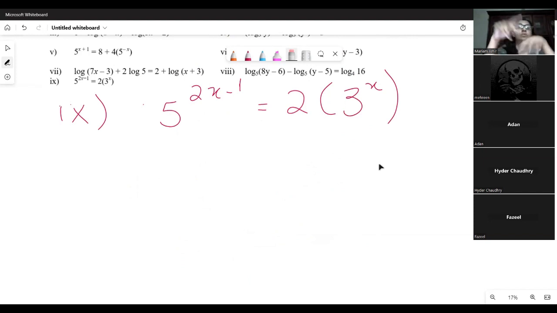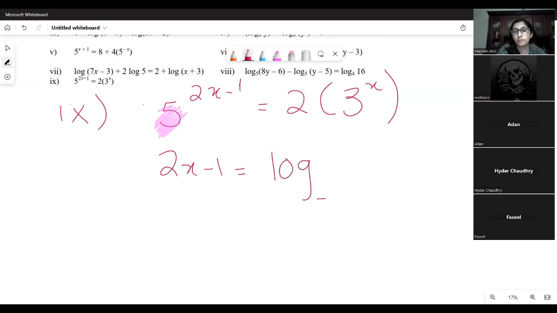If you try to take 5 to the other side directly, you'll get stuck. Even if you write 2 power x minus 1 is equal to log base 5 of 2 times 3 power x, that's a dead end. So not recommended.